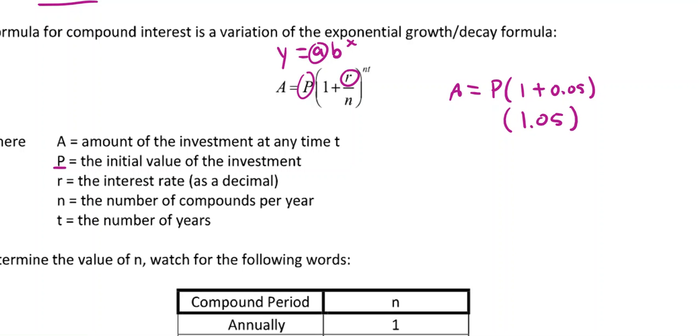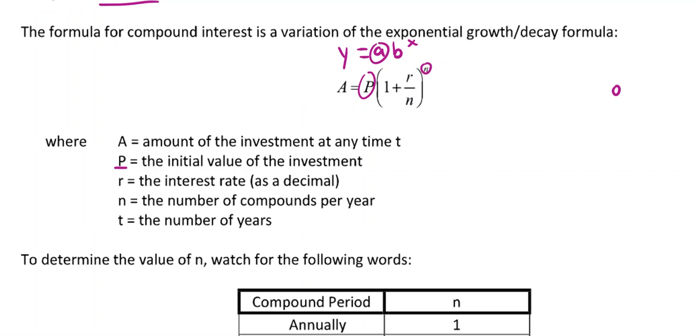So the same thing we were doing before, that's just what it's going up by or going down by. The new thing here is this n value. There's two of them: we're dividing by n, and we have it up in the exponent. n stands for the number of compounds per year, like how many times it happens per year. Another way of thinking about that is how many times you look at it per year.